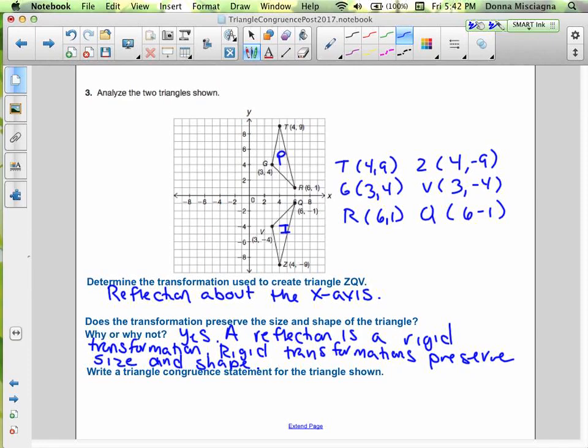So maybe I'm going to write triangle GRT. Great. If I write triangle GRT, then I have to say the triangle congruent to that would be triangle VQZ. V goes with G, Q goes with R, and Z goes with T. Right?